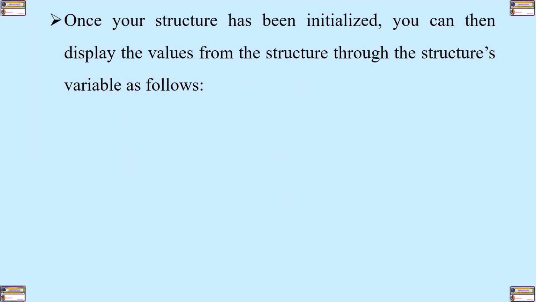Once your structure has been initialized, you can then display the values from the structure through the structure's variable as follows. You just write out. For example, this statement means write out the content of the member called student name, which is accessible through the variable called student1.